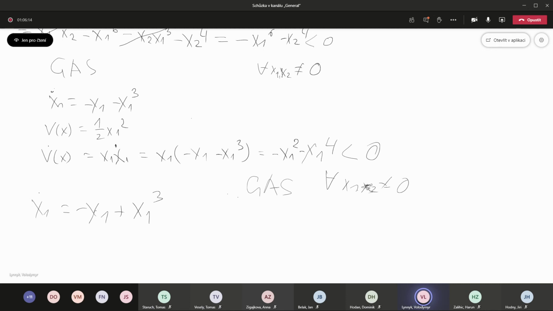We can find that V dot of x, with the same Lyapunov function, equals minus x1 squared plus x1 to the 4th.